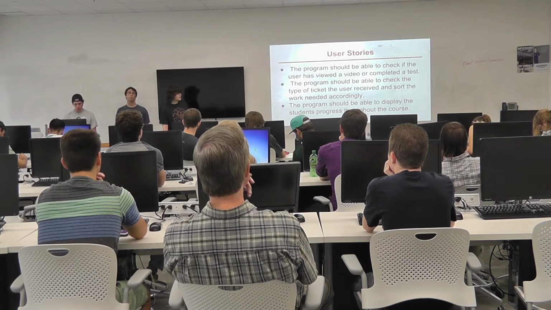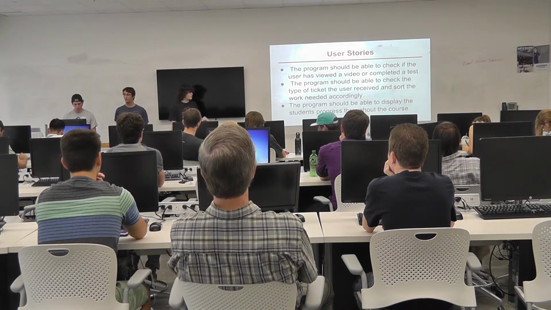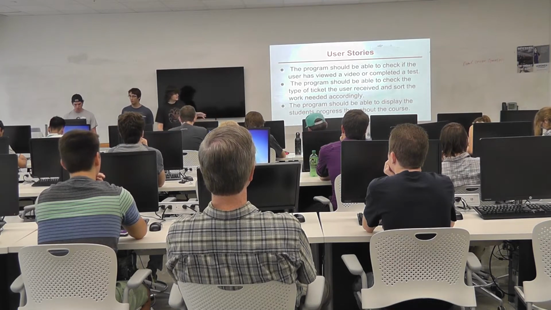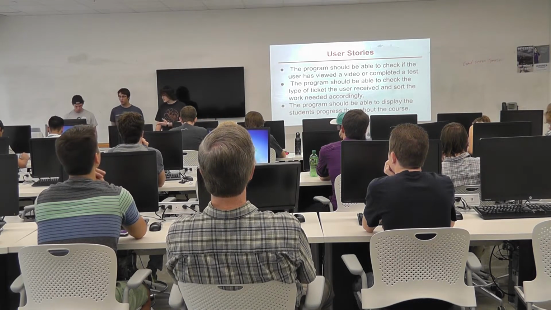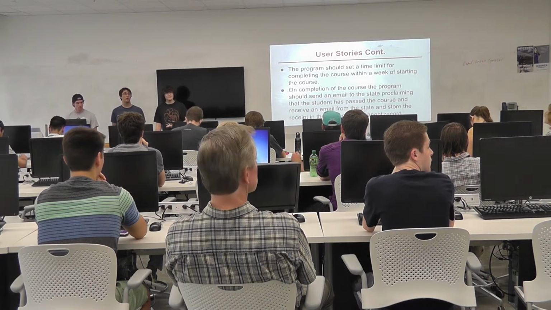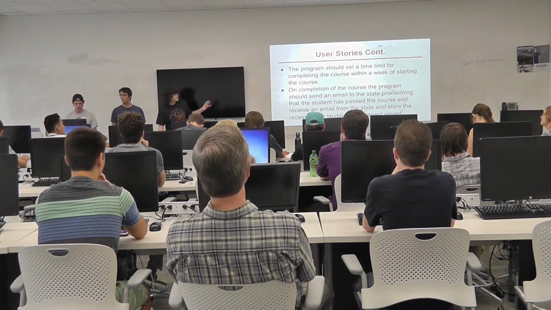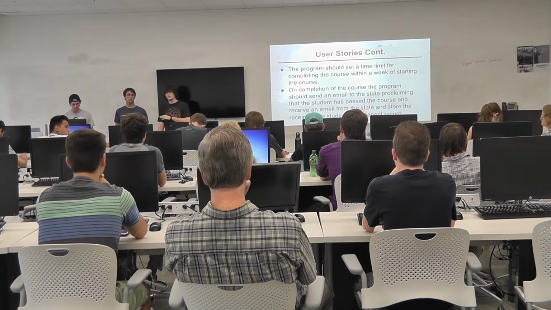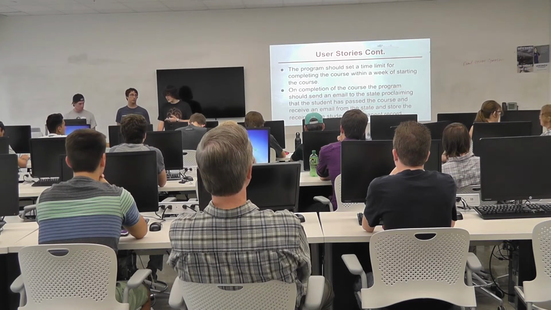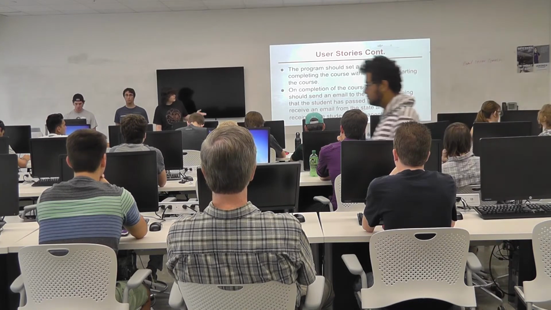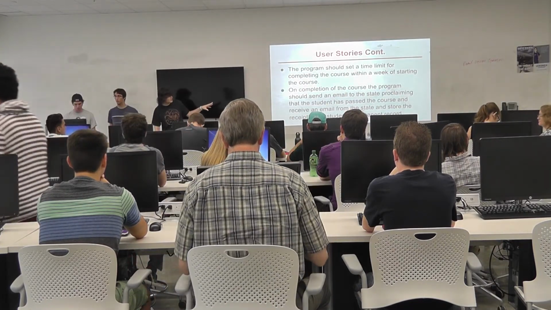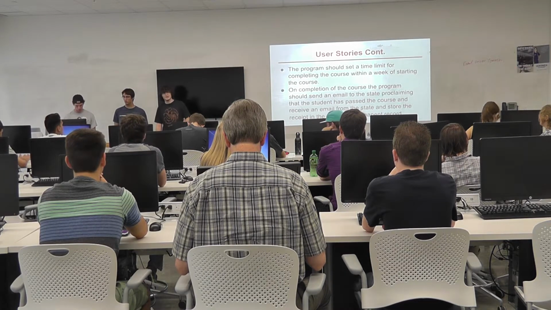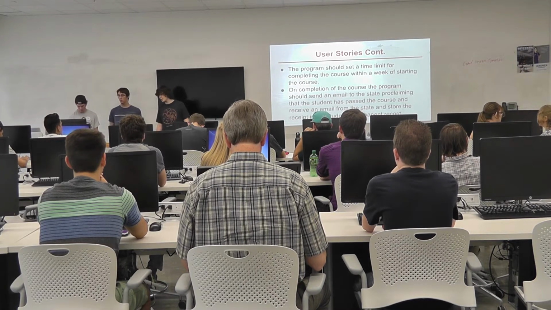The program should be able to check the ticket the user received and sort the work that the student needs to do accordingly. The program should be able to display students' progress during the course. The program says during the course, which after talking with the user is set to be a week. And on completion of the program, it needs to send an email to the state for the student, and it needs to receive an email from the state for the student's record.